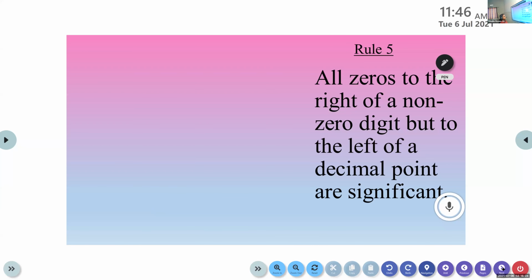Rule number 5. All zeros to the right of a non-zero digit but to the left of a decimal point are significant. For example, 20.3567. According to our rule number 5, all zeros to the right of a non-zero digit but to the left of a decimal point are significant.